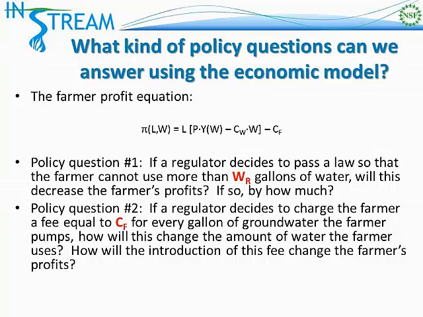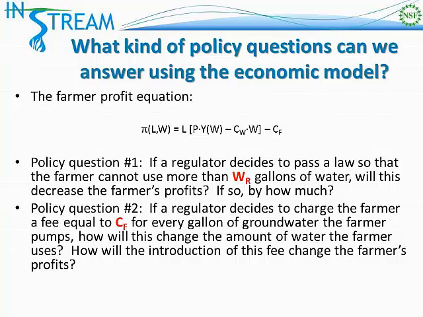So the policy question is, how will the introduction of this fee change the farmer's profits? Well, again, we can figure that out by adding this fee to the variable costs that the farmer needs to pay in order to pump units of water.